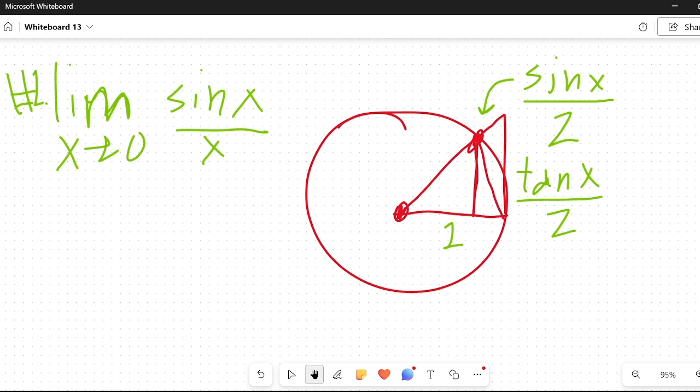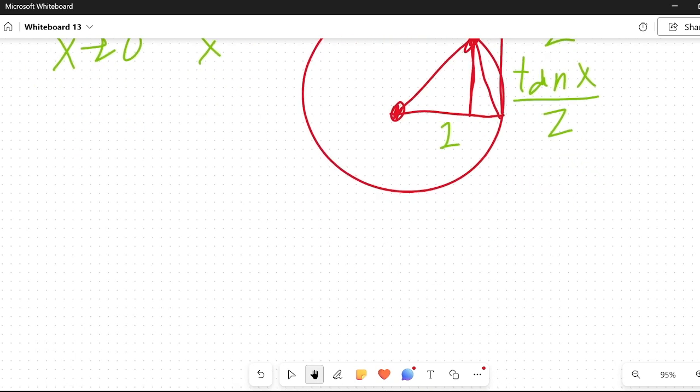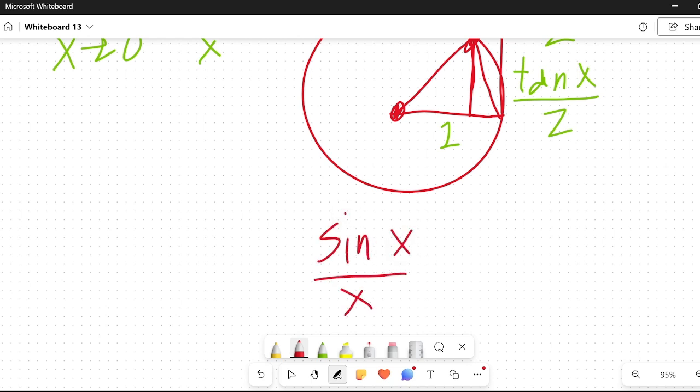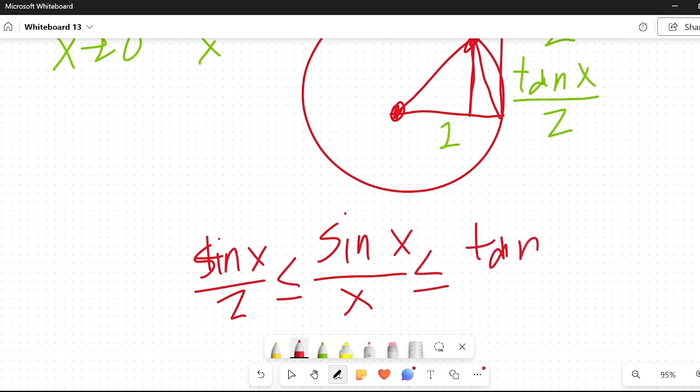Or sorry, we actually have to manipulate more stuff first. So right now we have sine of x over 2, and tan x over 2.